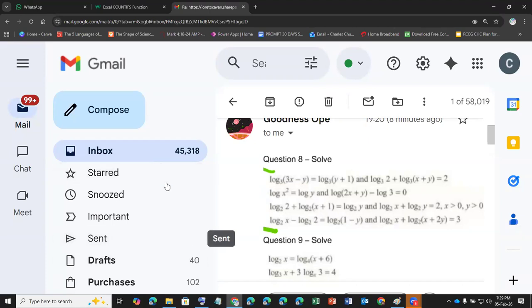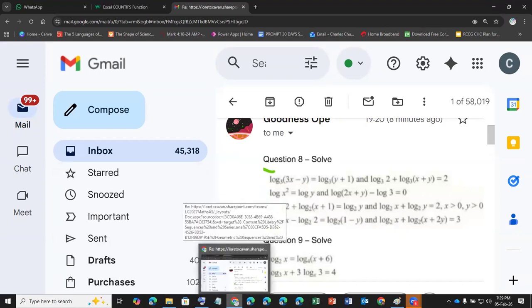I think these are two equations, so we need to solve them.